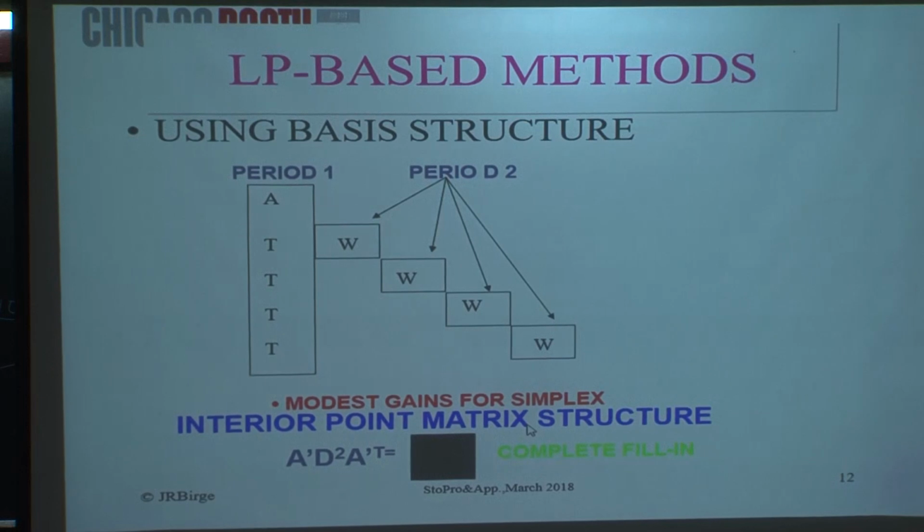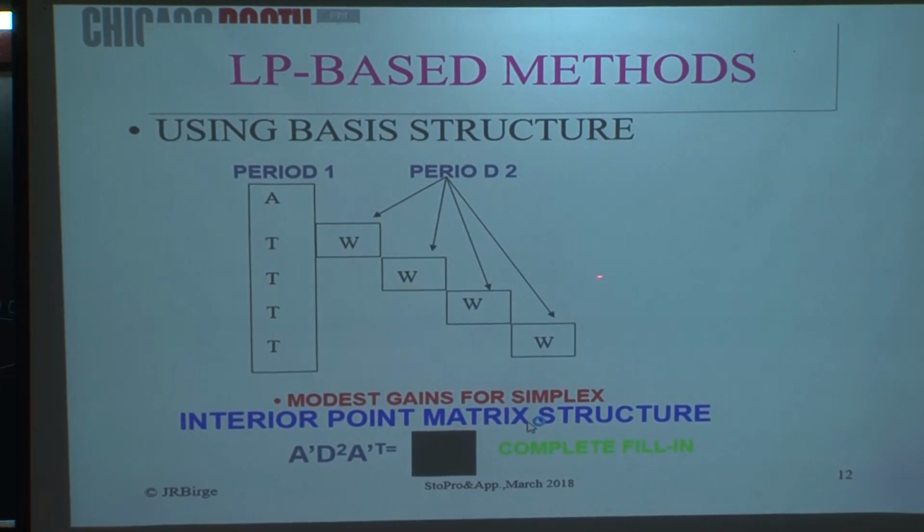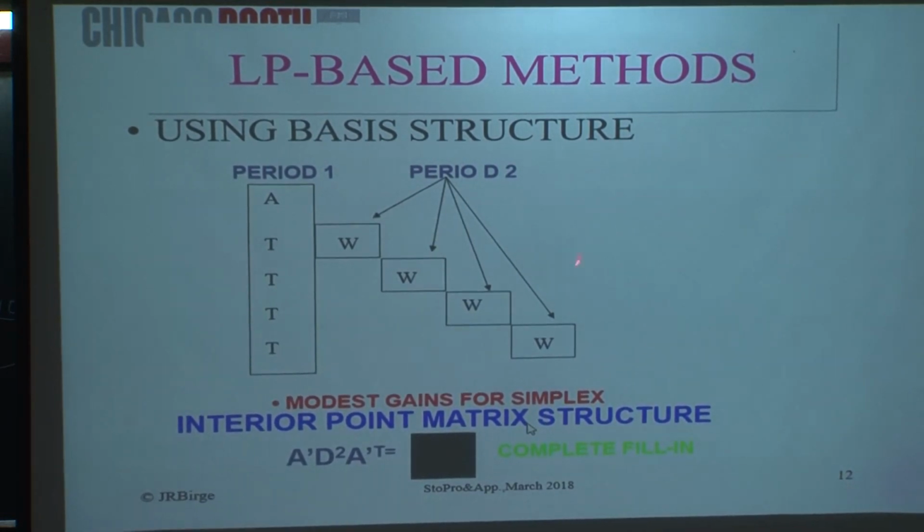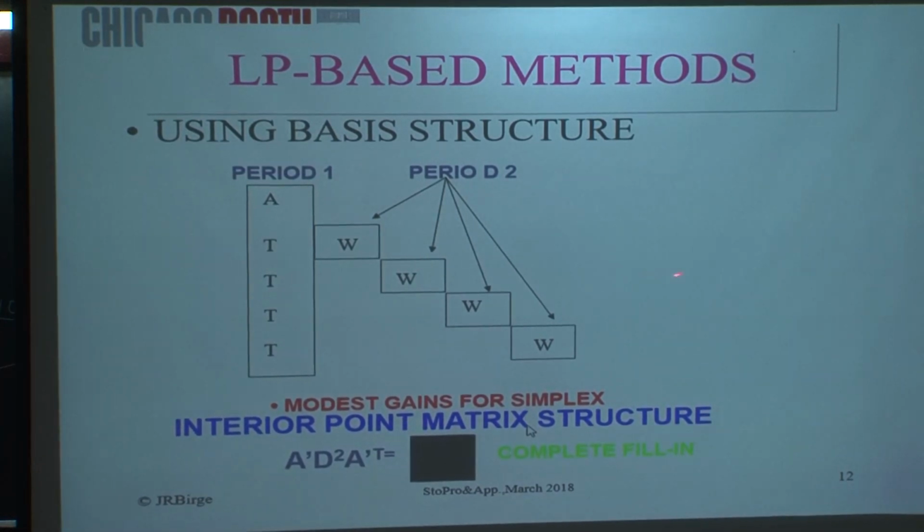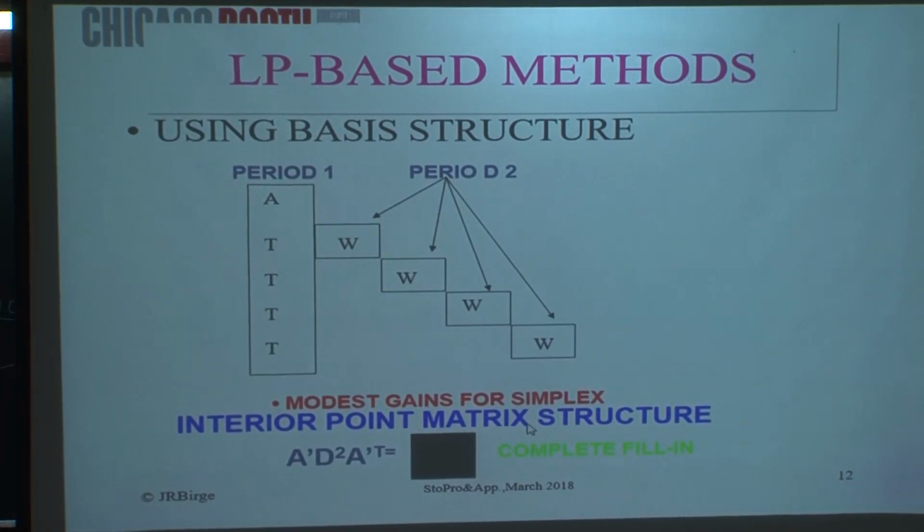But the only way you can solve something with a million variables is if you have some constant times a million non-zeros. You can't have a million by a million non-zeros. That's just going to be too much. So you need to have something like 10 million non-zeros, but not 10 to the 12th. What's that? A quadrillion. You don't want a quadrillion number of non-zeros. So you'd like to be able to preserve sparsity as much as possible.